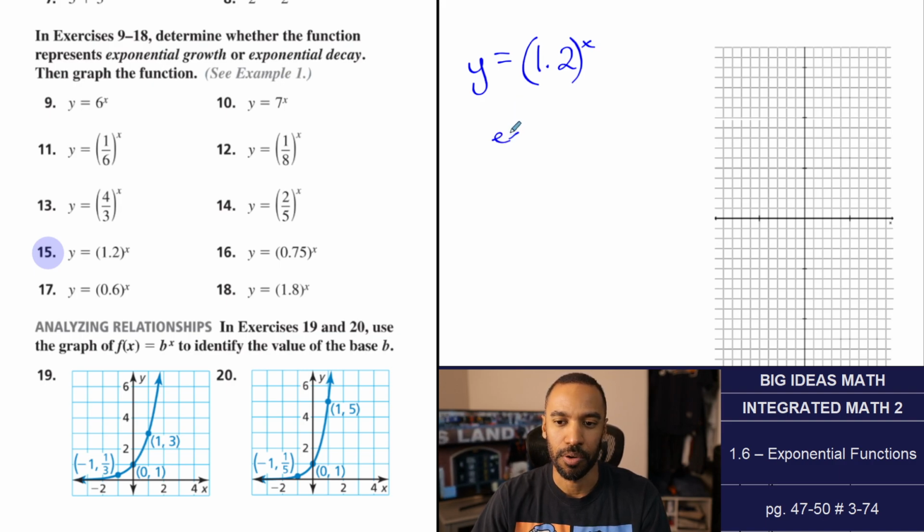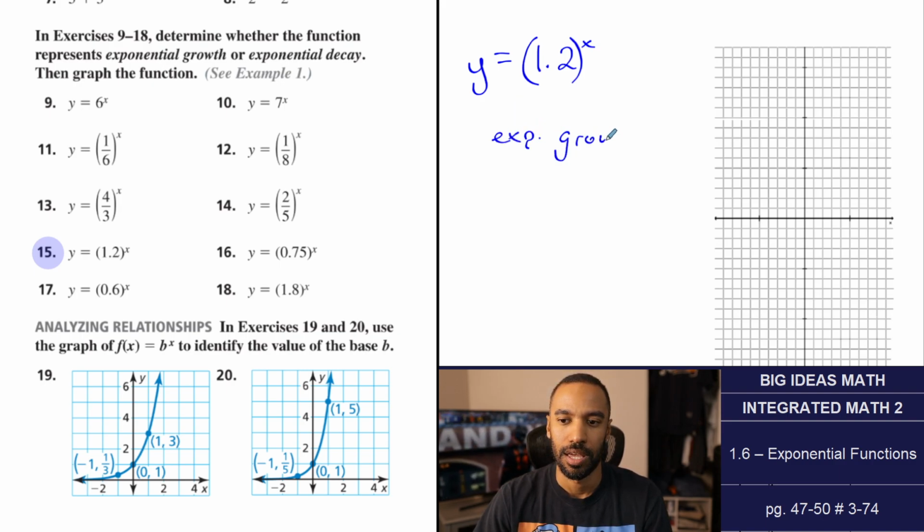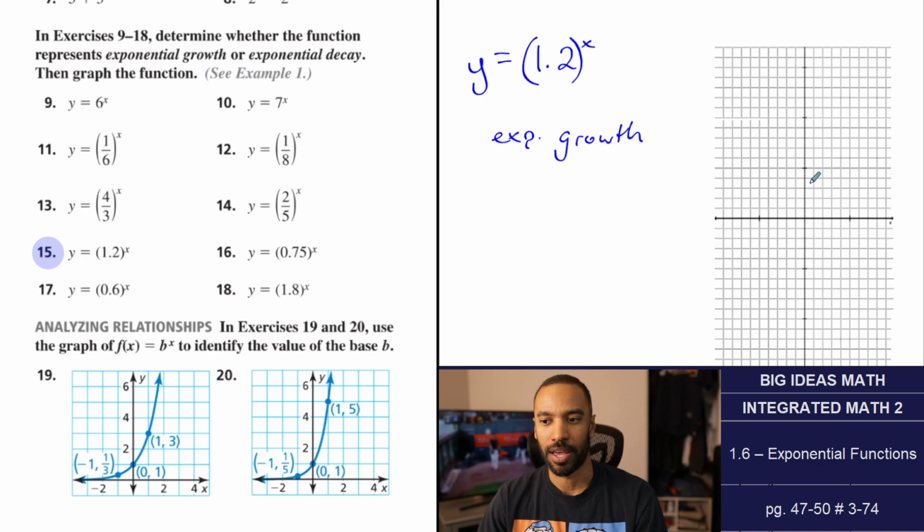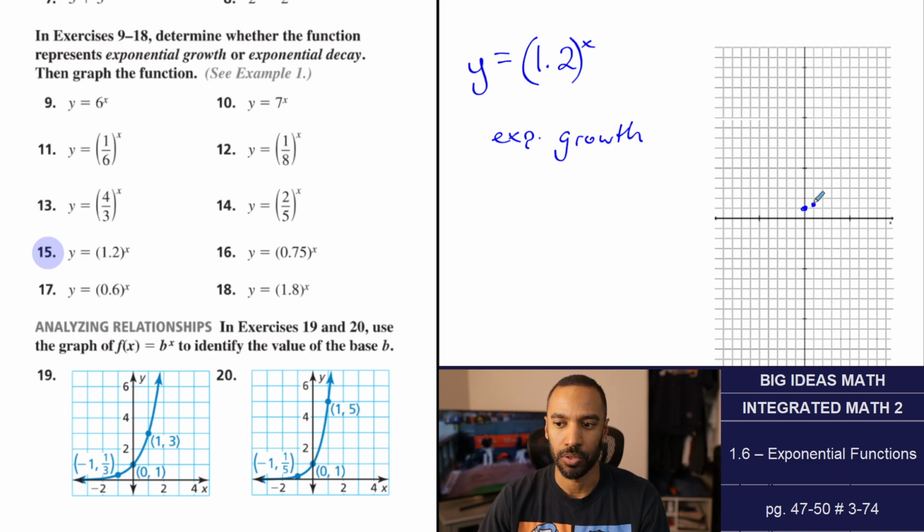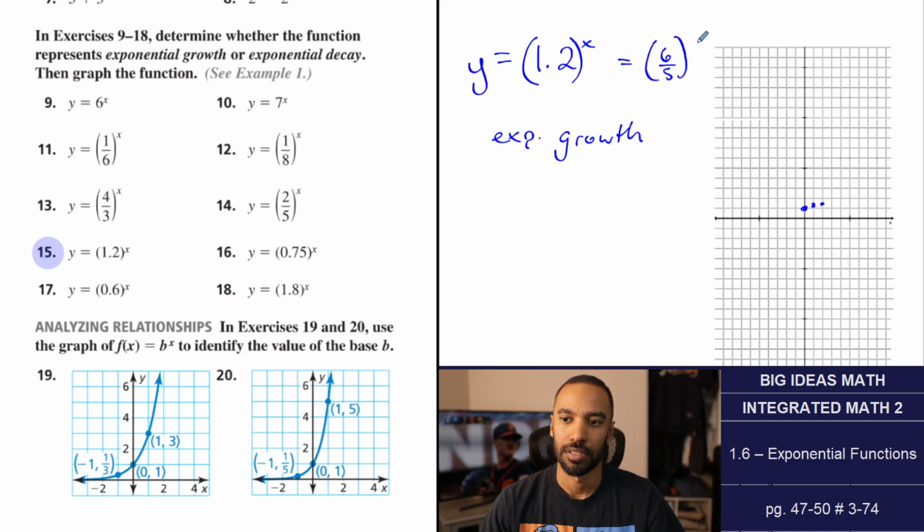This is exponential growth, though. It's more than 1. And remember, you are multiplying by 1.2 each time x increases by 1. So 1 times 1.2 is 1.2, and 1.2 times 1.2 is 1.44, so a little less than a half. So you can see this is going to be a very slow increase. 1.2 is also 6/5.